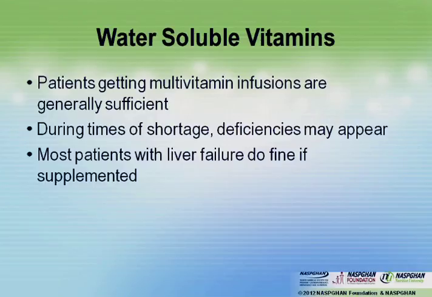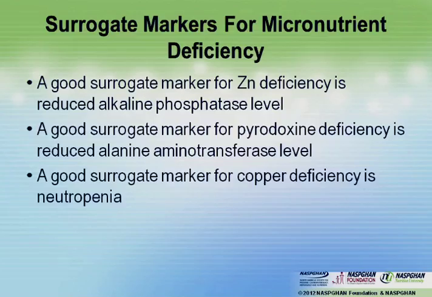What about surrogate markers now? Again, a reduced alkaline phosphatase is a very good marker for zinc deficiency. And everyone knows the clinical pathologic entity where we commonly see zinc deficiency. Remember, copper and zinc share the same carrier protein across the gut.